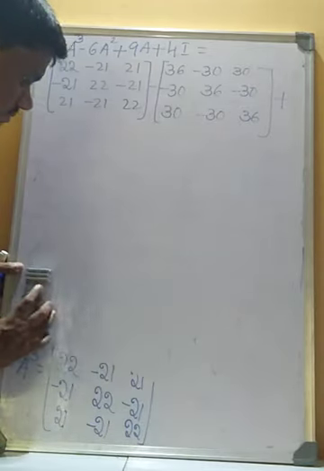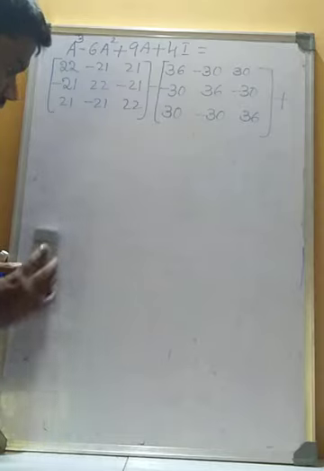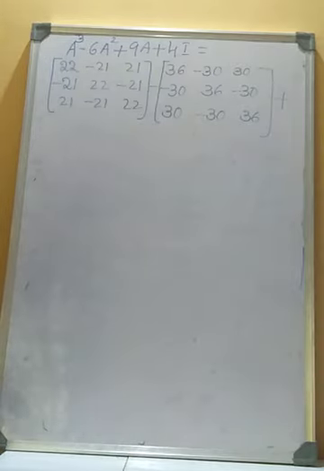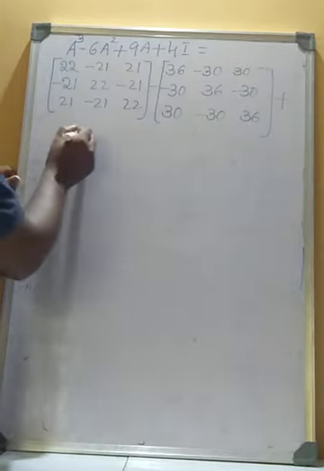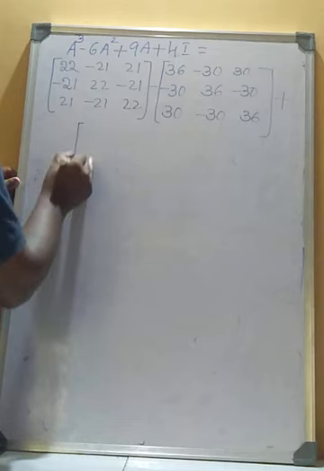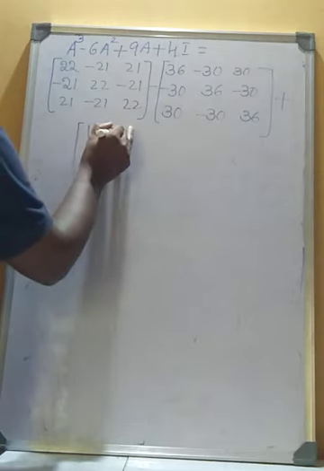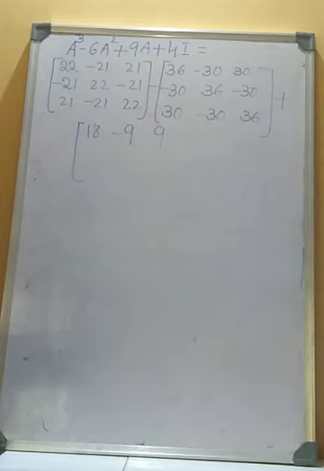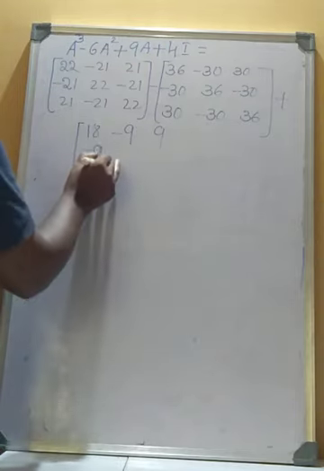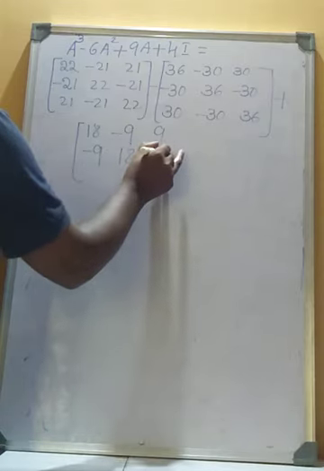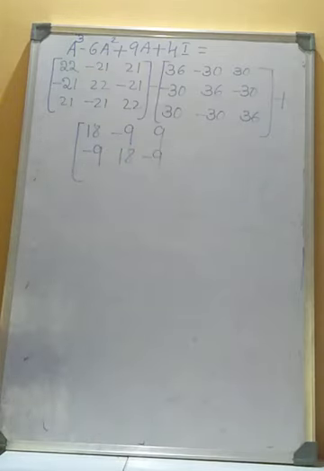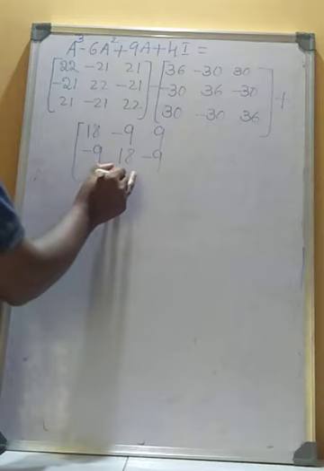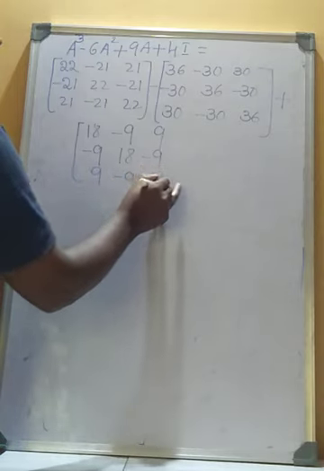So 9A: 9 into 2, 9 2s are 18, minus 9, plus 9, minus 9, 18, minus 9, 9, minus 9, 18.